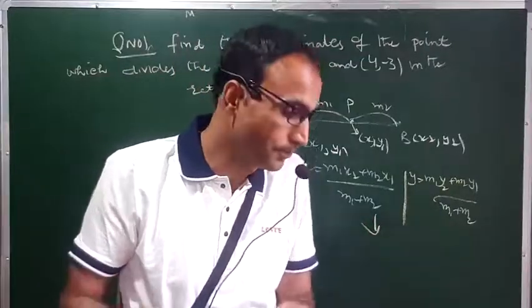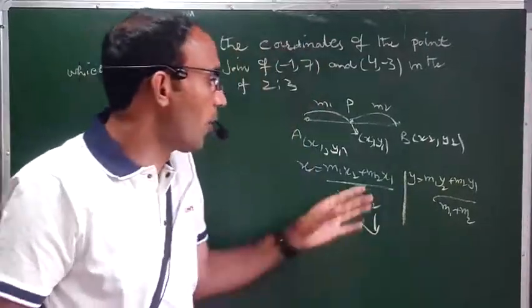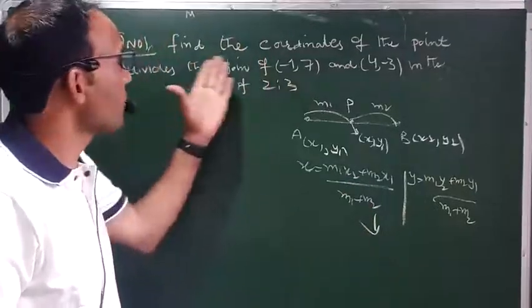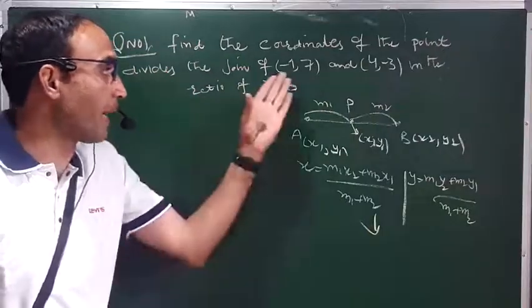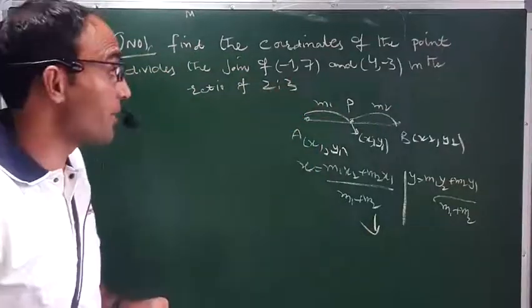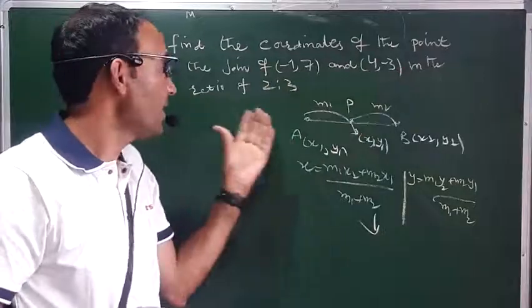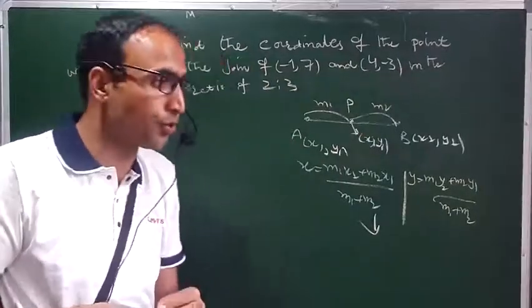Now, what is the question? Question is find the coordinates of the point which divides the join of -1, 7 and 4, -3 in the ratio of 2:3. What we have to determine?